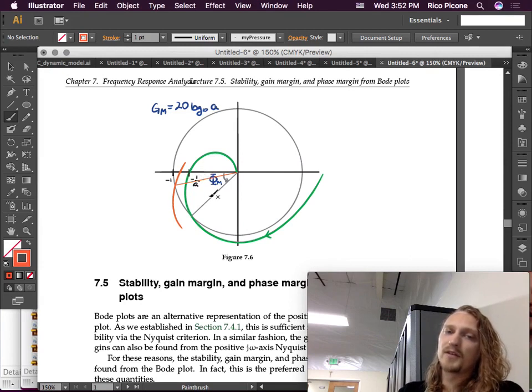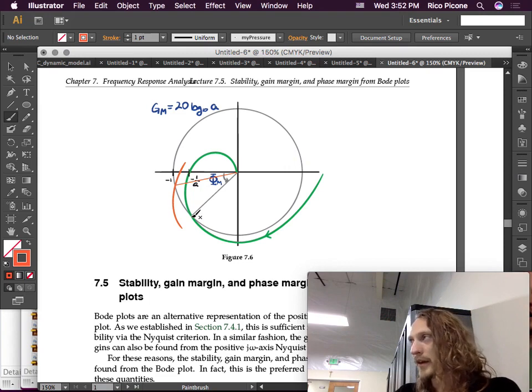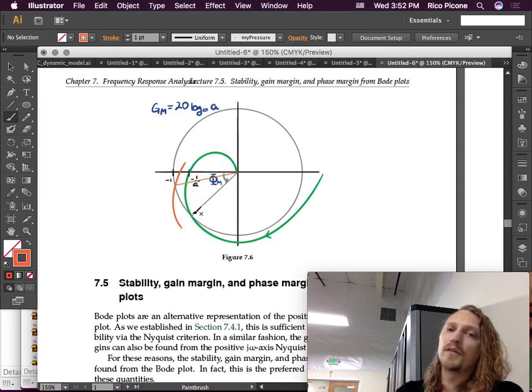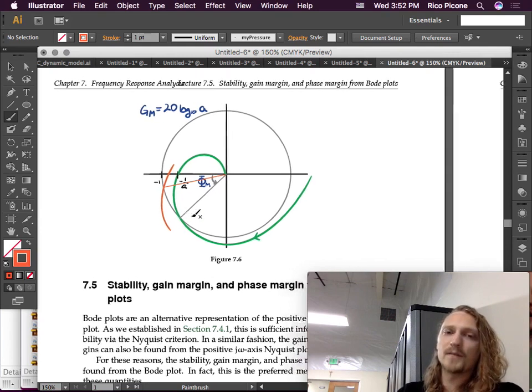That's the phase margin. So on a Bode plot, when the magnitude crosses 1, starts to go below 1, and it starts to get smaller and smaller, then we know that this corresponds to the phase margin. So whatever frequency this occurs at, that occurs at the phase margin frequency.